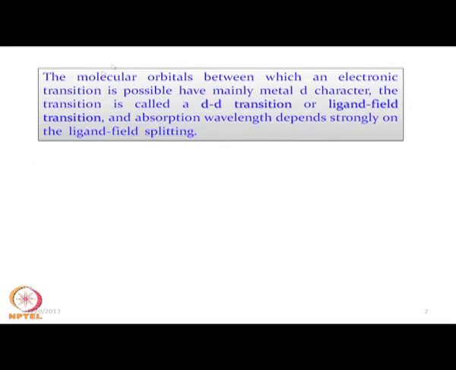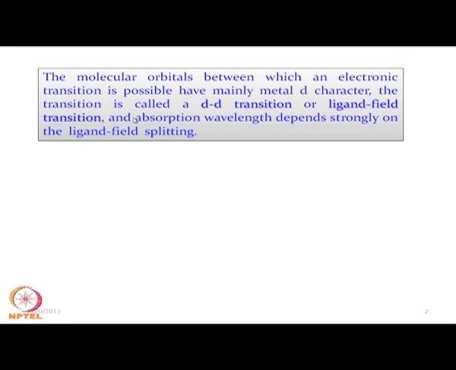So, the molecular orbitals which are involved for these electronic transitions may have mainly metal d character. So, if we have the corresponding orbitals which are involved for the corresponding transitions, we can have the transitions known as d-d transition or ligand field transition.